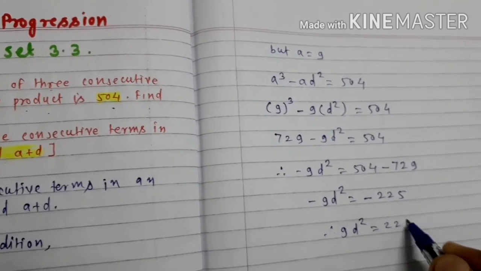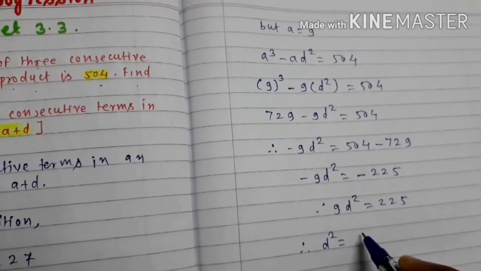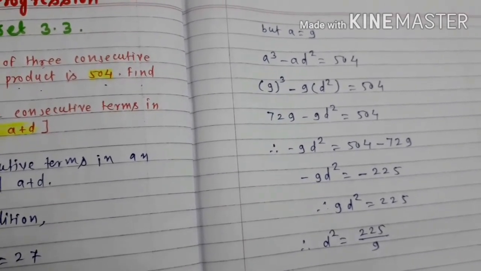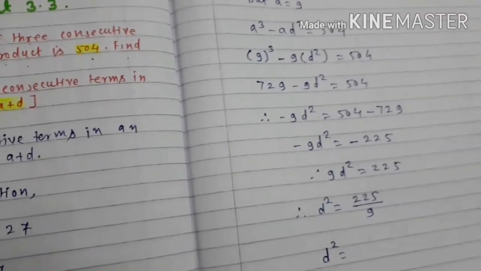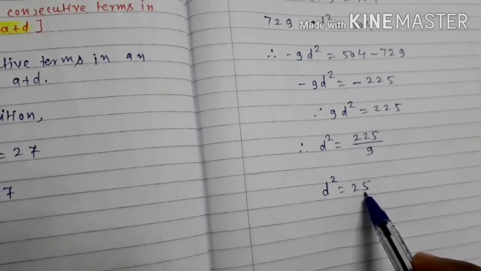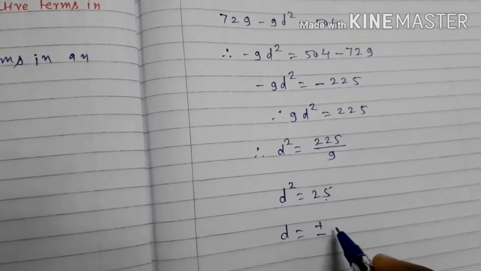So minus 9 d square is equal to minus 225, minus minus get cancelled, therefore 9 d square is equal to 225, therefore d square is equal to 225 upon 9, therefore d square is equal to 25. Taking square root, d is equal to plus minus 5.